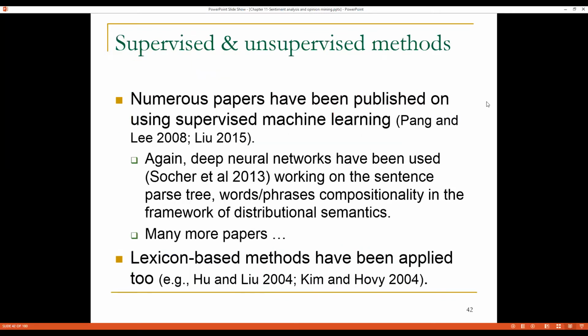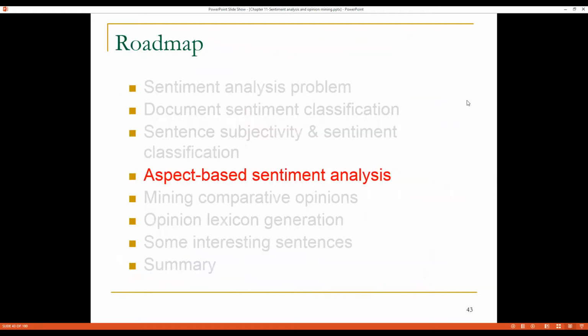Again, numerous papers have been published on using supervised machine learning. The deep neural networks have been used. Many more papers. All right, so the next thing we're talking about is the aspect-based sentiment analysis. So up until now, we're just trying to determine whether an opinion is positive or negative.